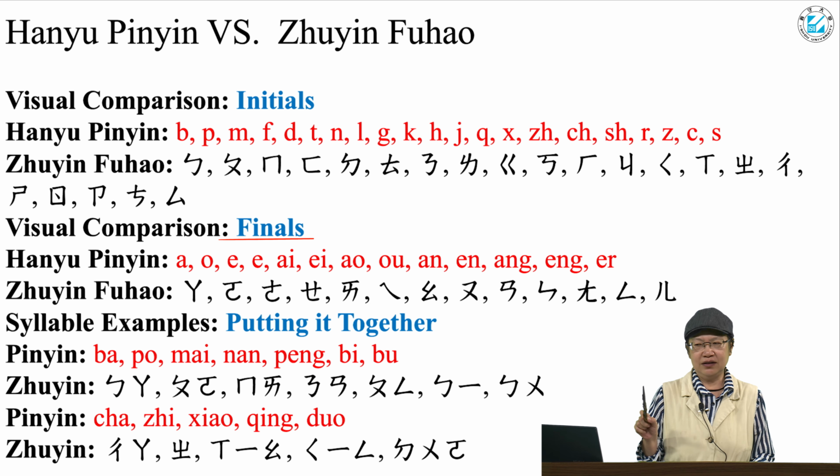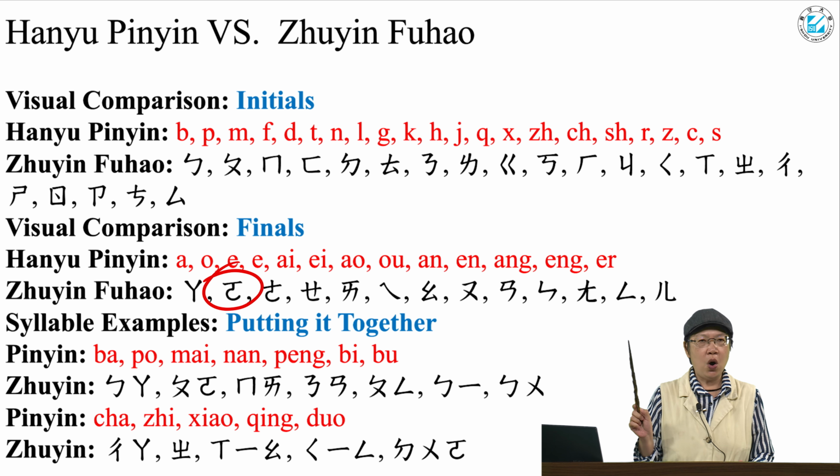Now, the second line, we have the finals. The previous ones, b, p, m, f, until zi, ci, si, are initials. And then we do have the finals. A, o, e, ai, ao, an.